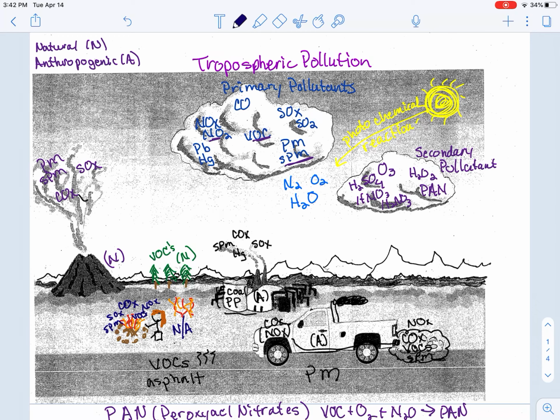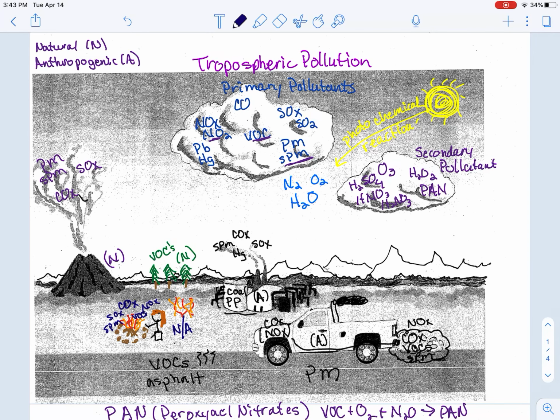But it can also be anthropogenic. So if we start the fire intentionally, or it's just our plan to burn things, then it becomes anthropogenic. Or slash and burn, like we have with a lot of things going on in the rainforest. Okay, so those are basically our pollutants.